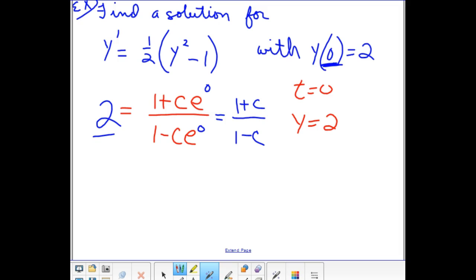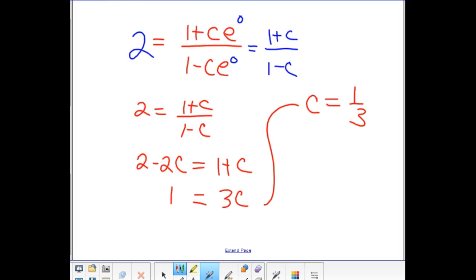What I'm doing is finding not a general or generic solution, but a specific solution that will work in that differential equation and give me an answer of 2 when I plug in 0. They just want a specific one, not a generic one. And when I solve this blue equation, I get 1/3.